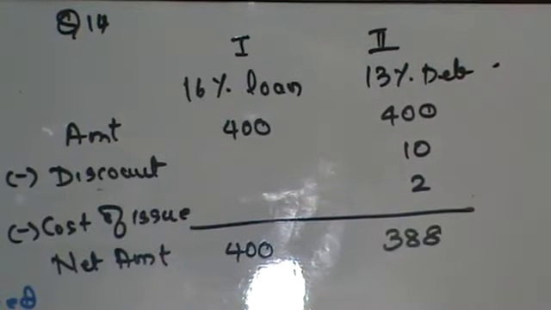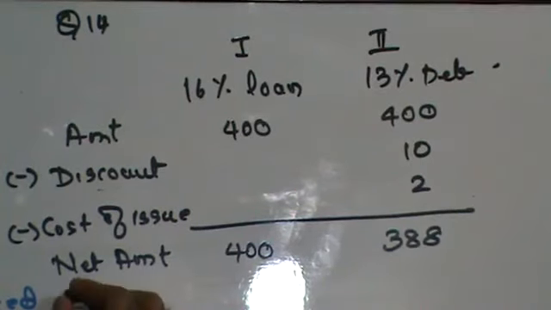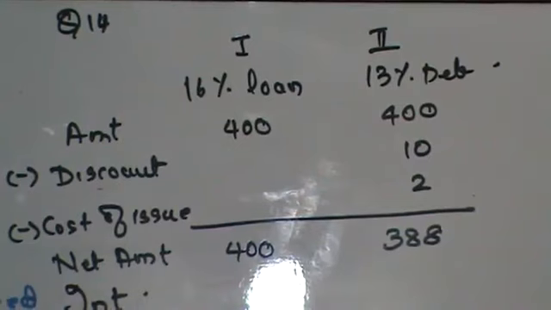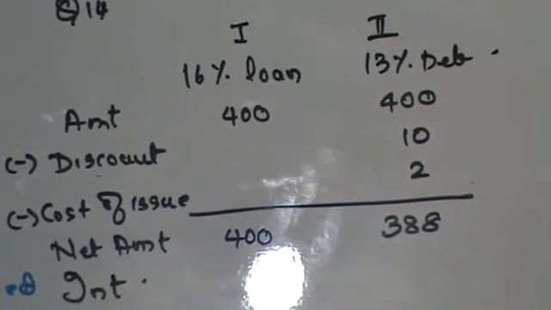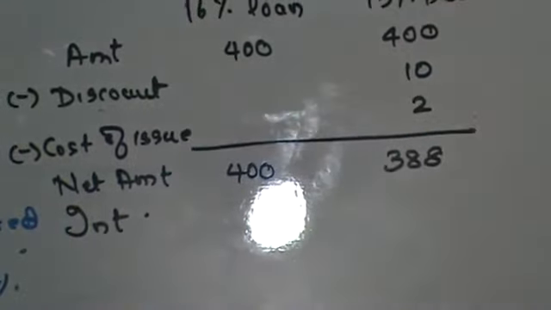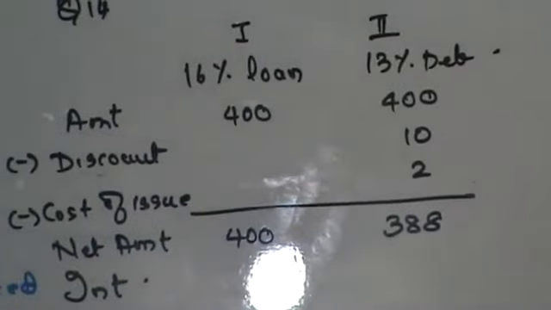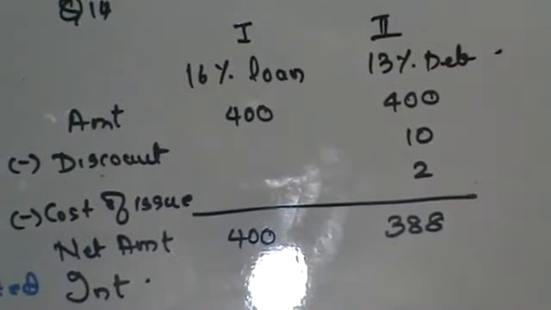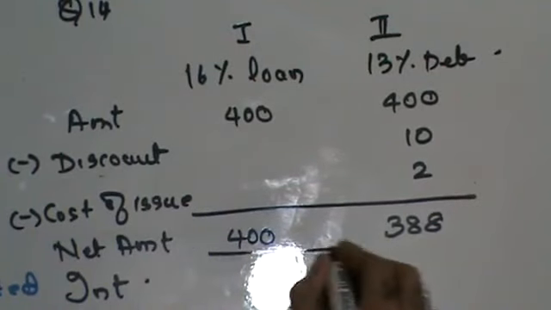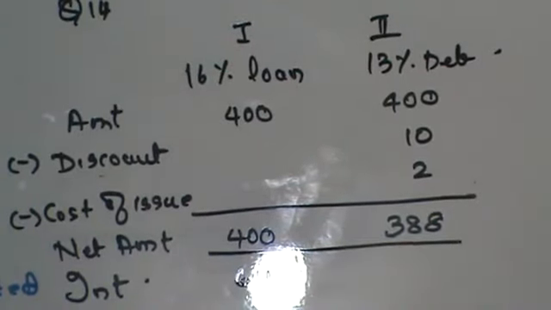Now, how much is the interest that I will have to pay on each one of them? Interest is 16% on 400 lakhs. Can someone please calculate 16%? 64. Now, although I have given a discount, when I have to pay interest to the debenture holders, I'll have to pay them on the principal amount.